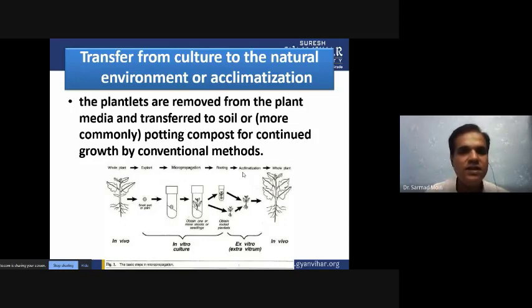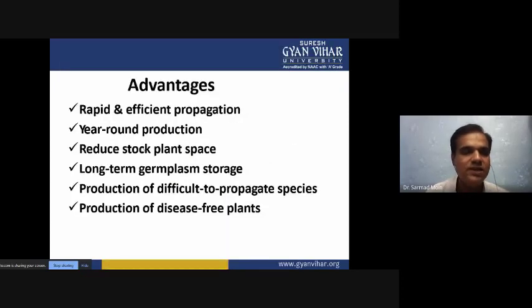So we are giving artificial conditions inside the greenhouse, so that the plant will be acclimatized on the potting compost, and they will continue growth by the conventional method. So we have to acclimatize these plantlets, and we call this the acclimatization process. After the acclimatization only are we able to transfer the plantlets produced using the micropropagation technique. Then only can we give or transfer them into the field.